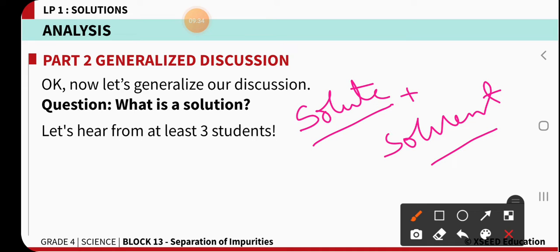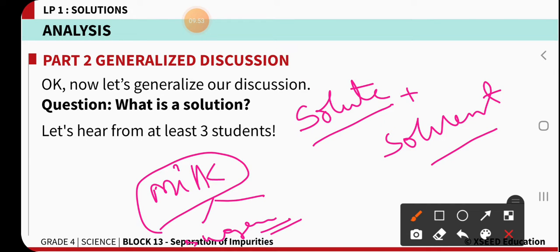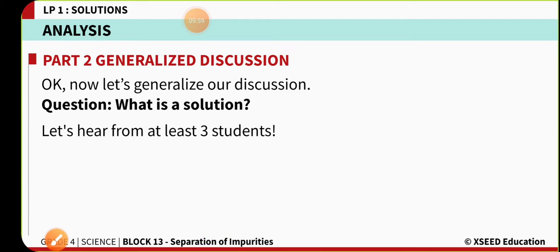Like when you are making milk, in that milk you are adding sugar. So sugar is taken in a smaller quantity and milk in a larger quantity. So sugar becomes your solute and milk becomes your solvent.